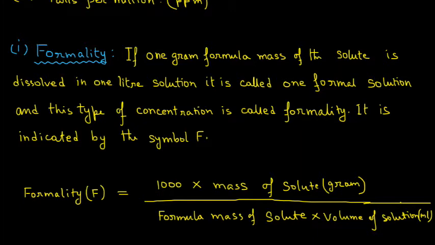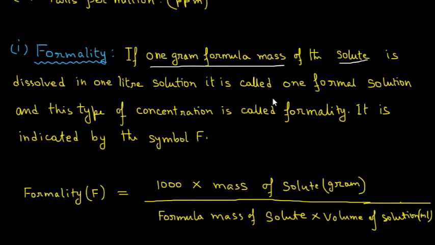It is indicated by the symbol F. So again, here the solute is 1 gram formula mass of the substance. First we will calculate the formula mass from its molecular formula to find out 1 gram molecular mass, formula mass.